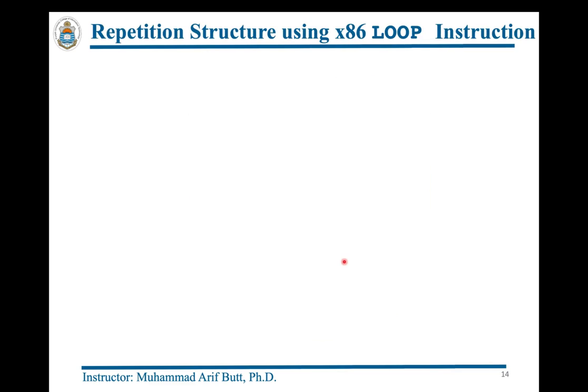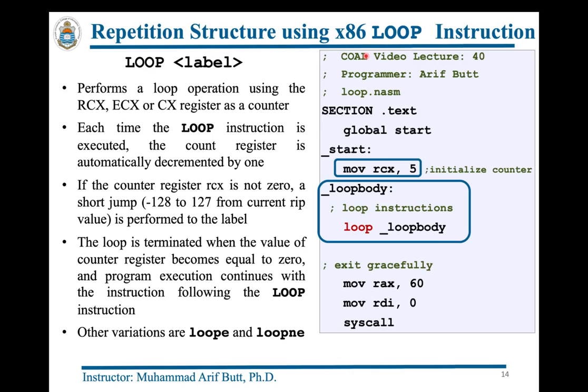Well, to implement the repetition structure, x86 also provides an instruction called the loop instruction. And for completeness, let us study this as well. This slide shows a brief description of the x86 loop instruction as well as a sample assembly program that makes use of it.